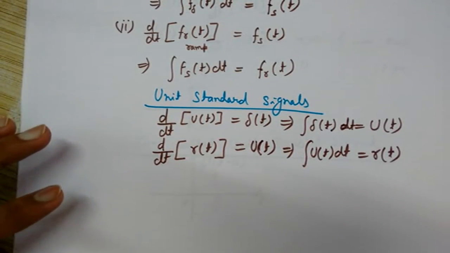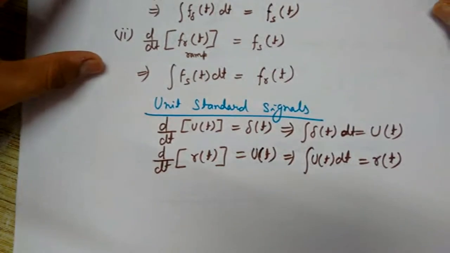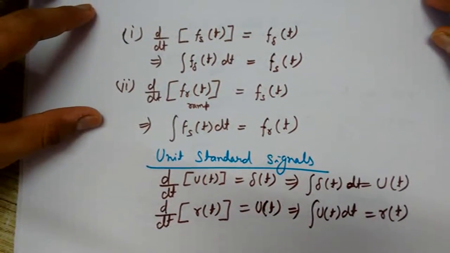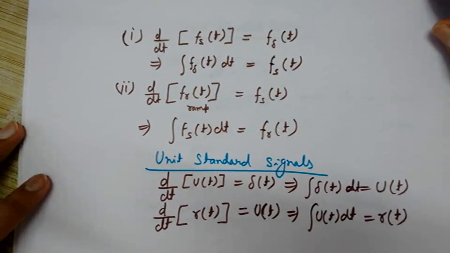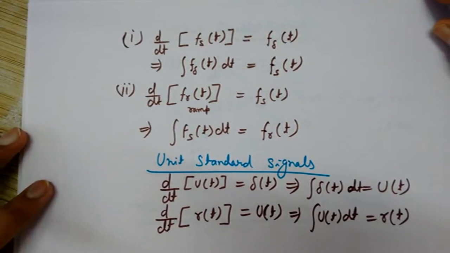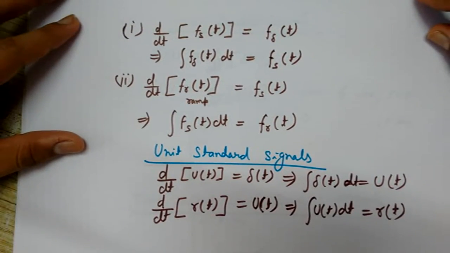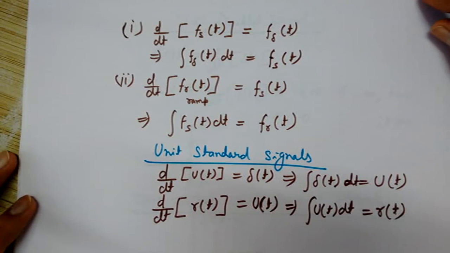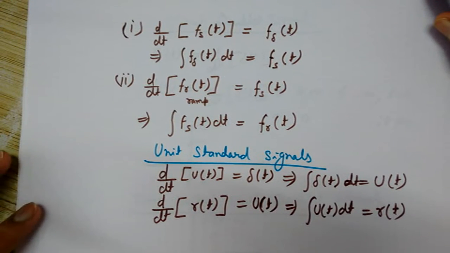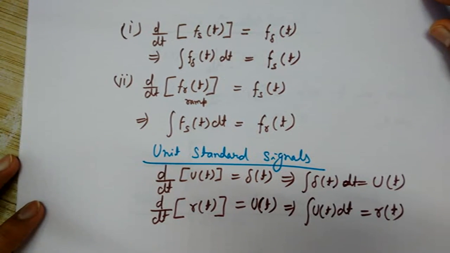Now we will see some more results. As I already told you initially, these standard signals have a very interesting property: they can be obtained from one another by successive differentiation or integration. So let's see how this happens.